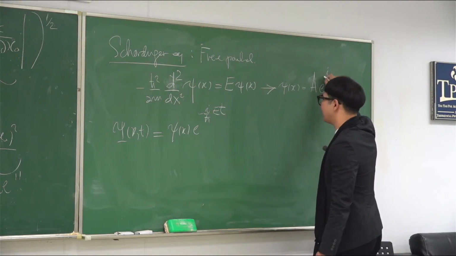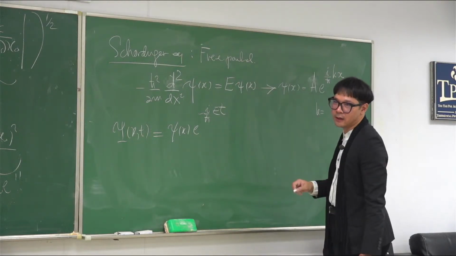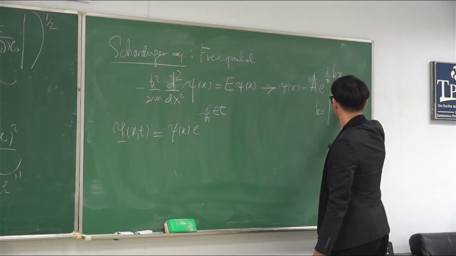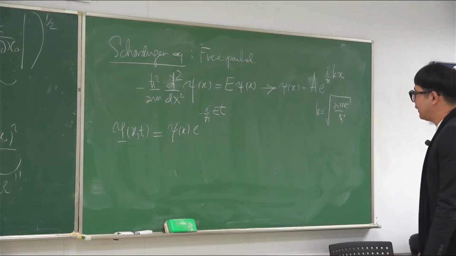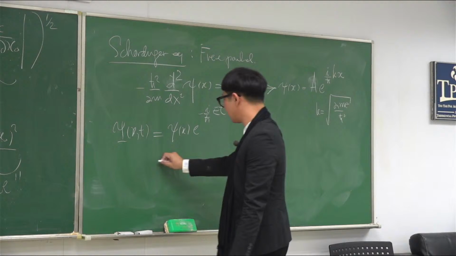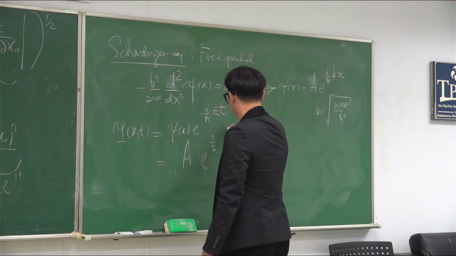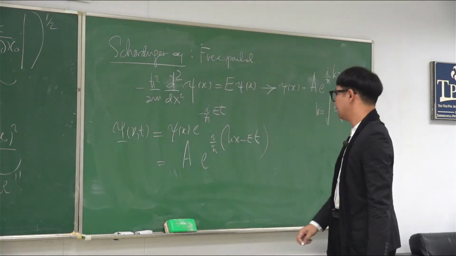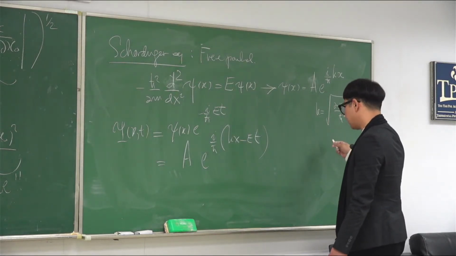And your k, what is your k? Yes, this is a wave vector, right? Then combine with this, so do we get the dispersion?